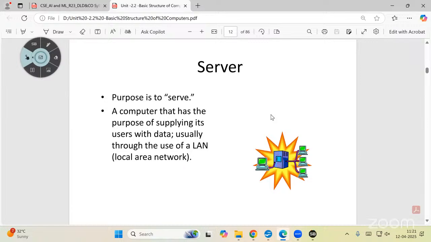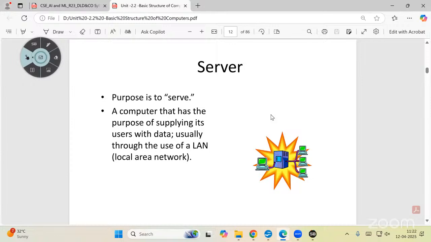Next one is server. The purpose is to serve the other computers. The server is used to serve the other computers. The same application language can be provided to all the remaining 60 systems in the laboratory. So we are reducing the software cost.